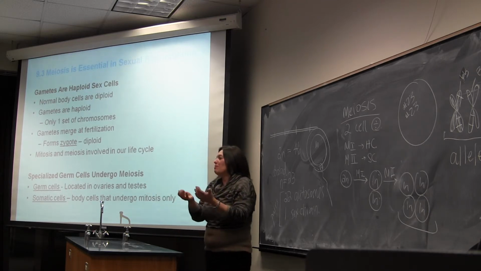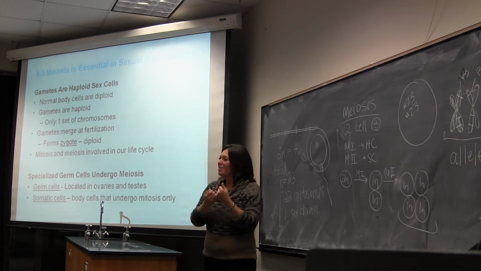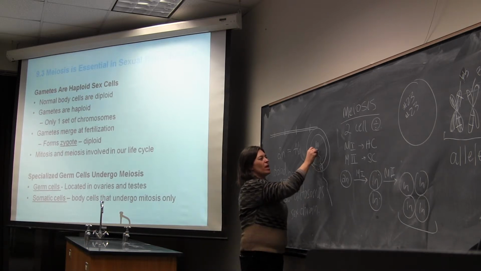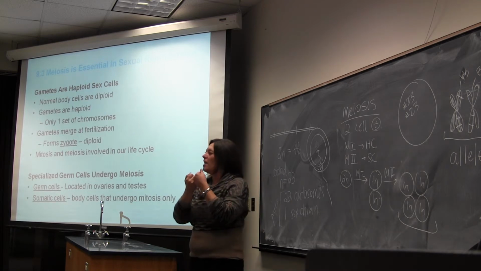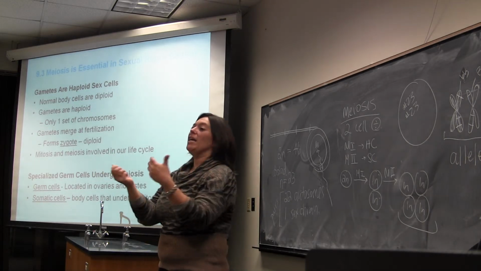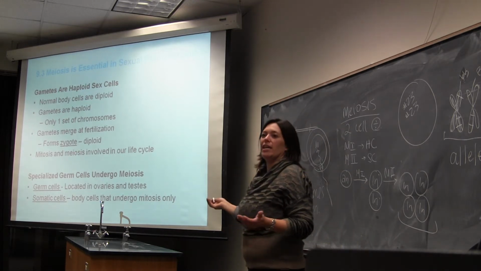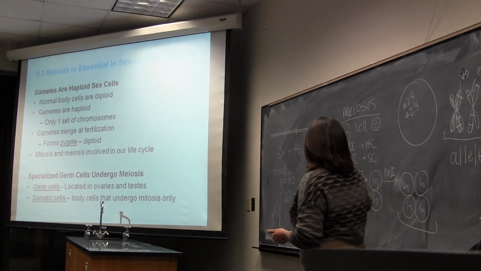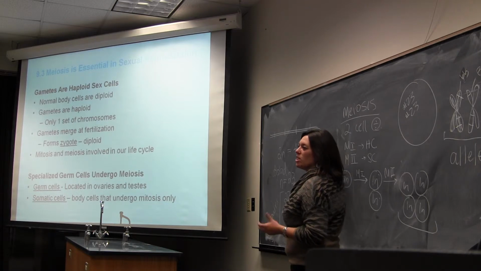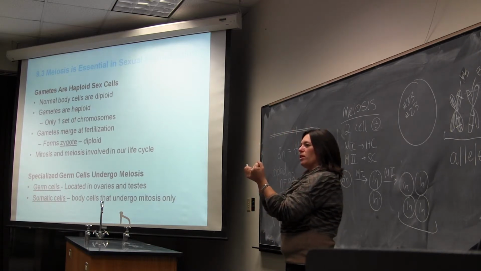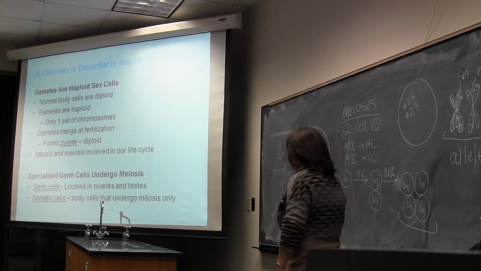They'll merge together. That's what happens once this penetrates. He'll make his way in, and their DNA will combine and form a diploid developing organism, which in this case is called a zygote. So a zygote is what you get immediately after fertilization. It's that first cell that's diploid as a result of two haploid gametes coming together.